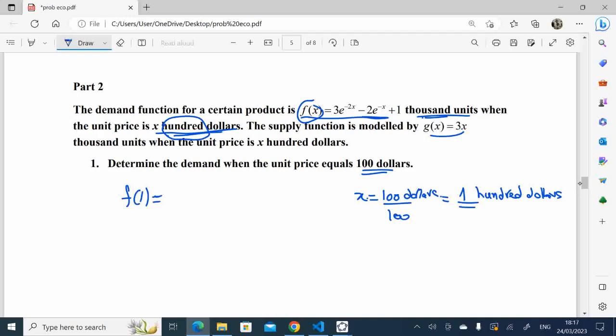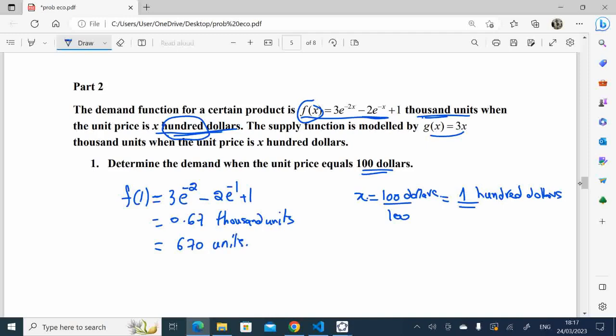So this is f, substituting 1 instead of x, so it's 3e^(-2) minus 2e^(-1) plus 1, and if I calculate this using a calculator, 3e^(-2) minus 2e^(-1) plus 1 is equal to 0.67 thousand units, which means 670 units.